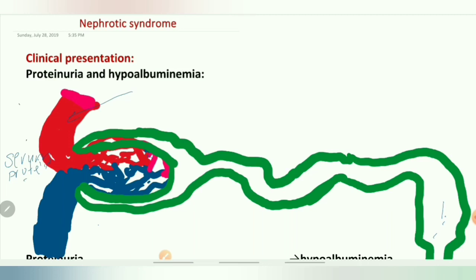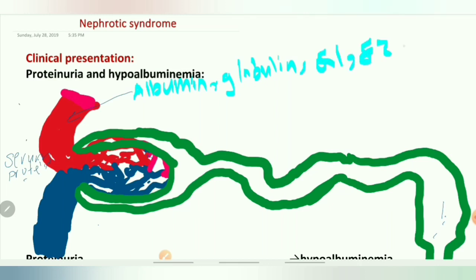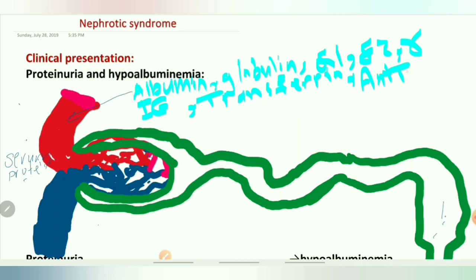This includes albumin, globulins, including alpha 1, alpha 2 and gamma globulins, and also the immunoglobulins and transferrin. Other proteins include antithrombin 3, which needs albumin because it forms a complex with it, and protein C. It also includes the lipoproteins and the carriers, like vitamin D binding globulins and proteins.